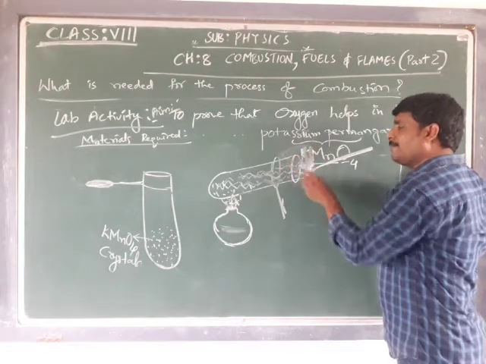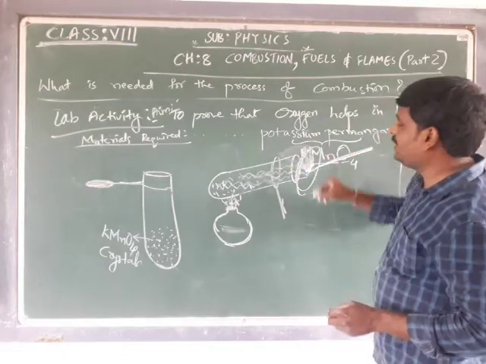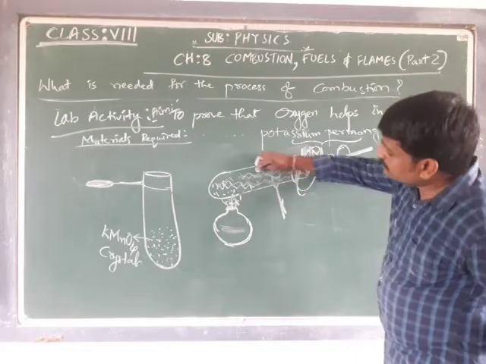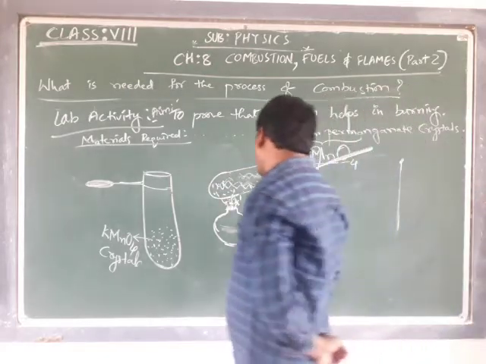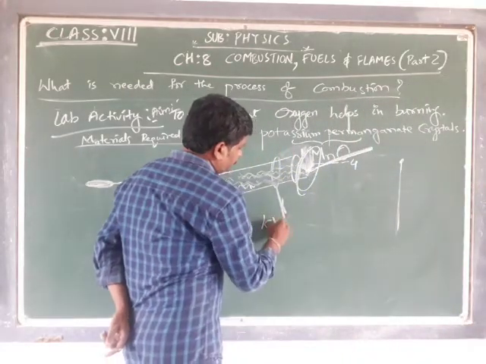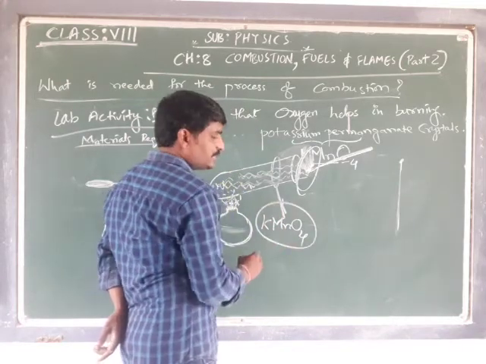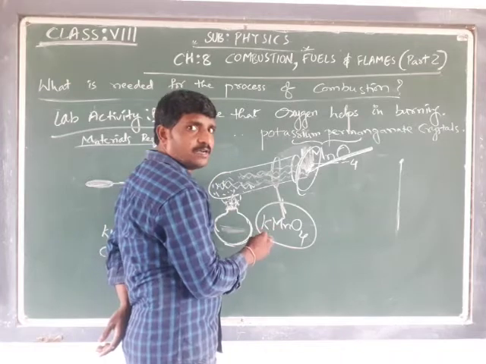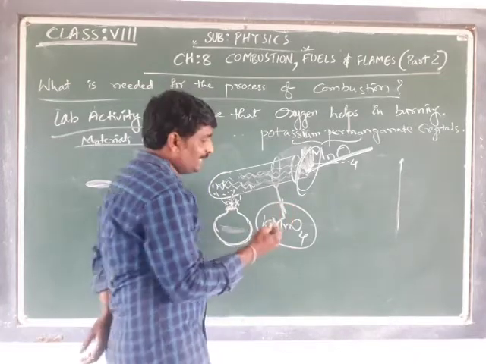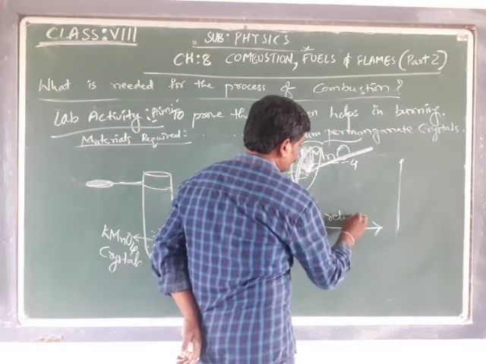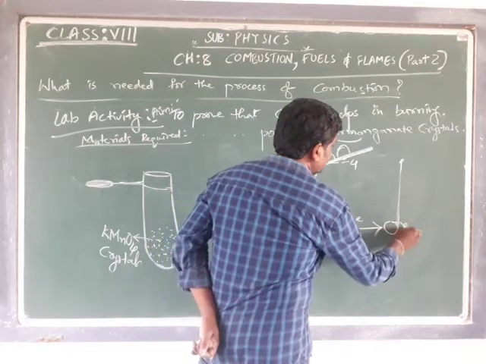Now, why is this incense stick able to catch fire again? It is because whenever the potassium permanganate crystals are heated, they release oxygen gas.